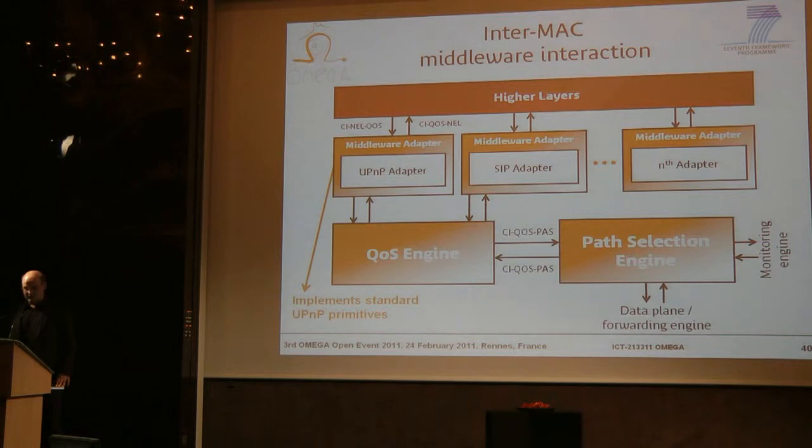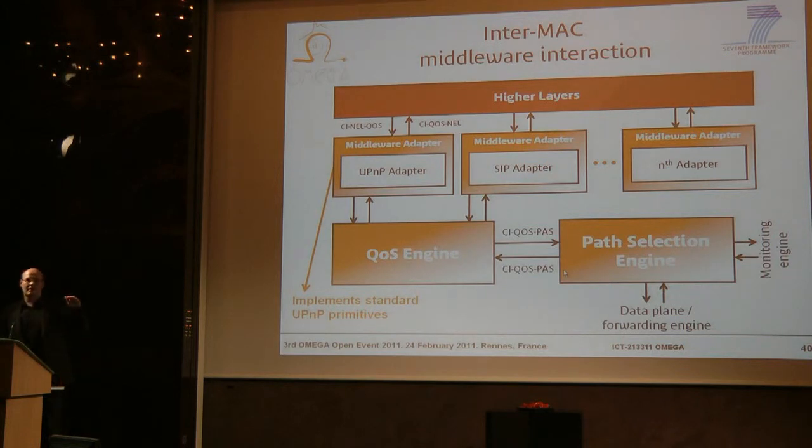And this information is given to the quality of service engine, which interacts with all middleware adapters, so here is one connection missing. It decides if it is possible to admit this flow, and therefore it interacts with the path selection engine, which again interacts with the monitoring engine and with the data plane and the forwarding engine, as I already explained.